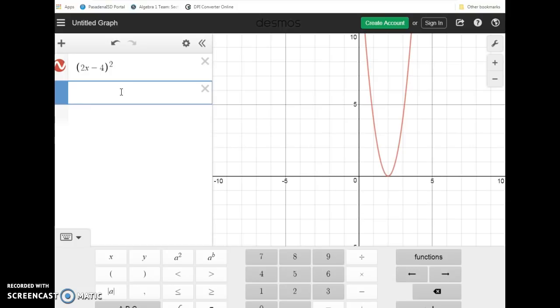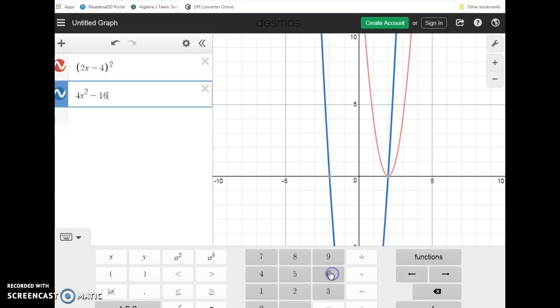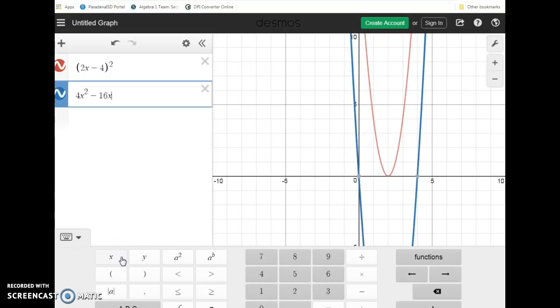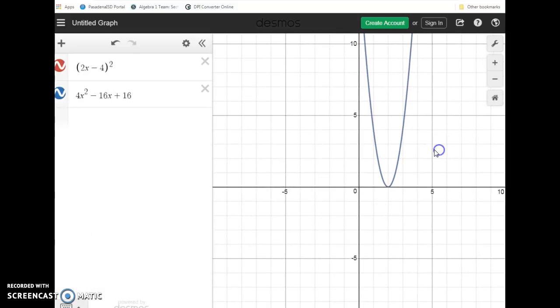And then my answer was 4x squared minus 16x plus 16. They're the same thing. If you take off the color, you will notice that they're on top of each other.